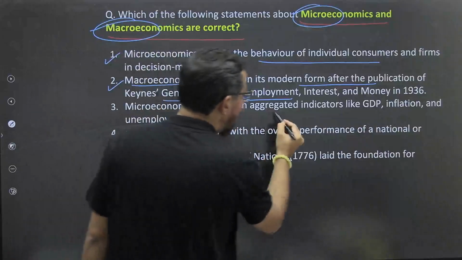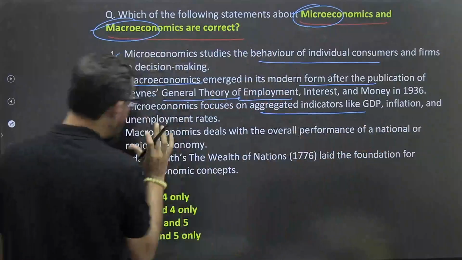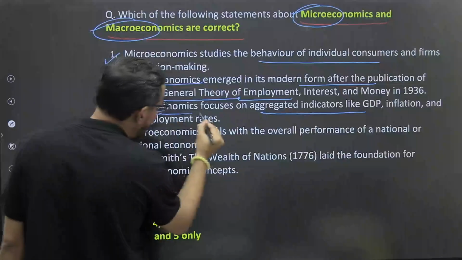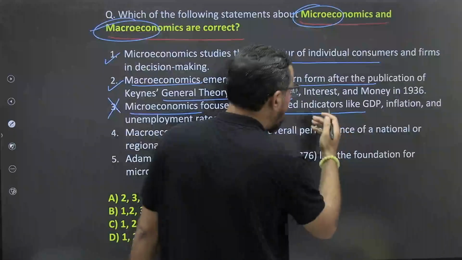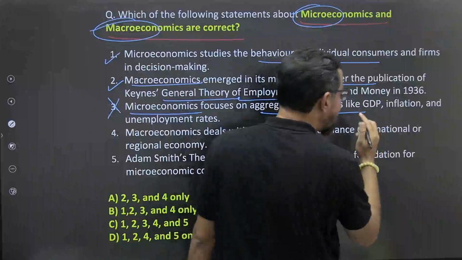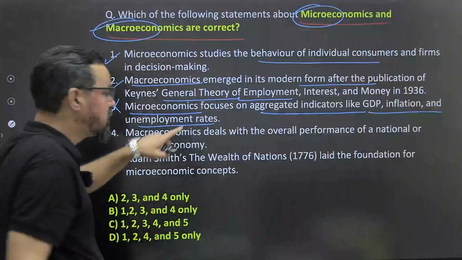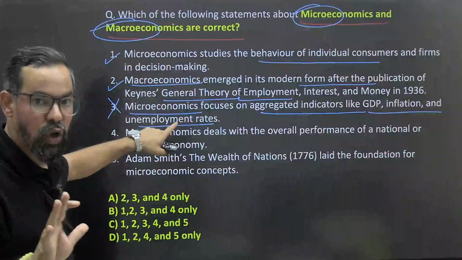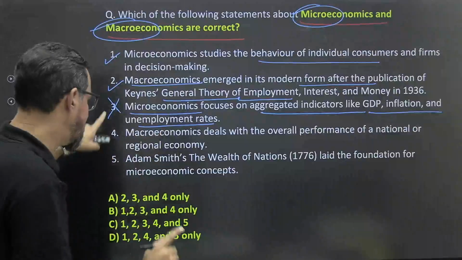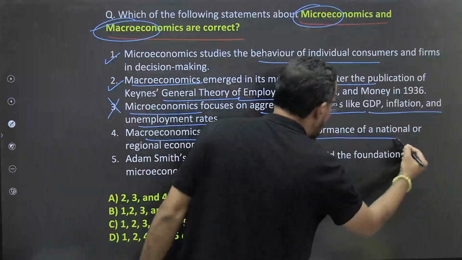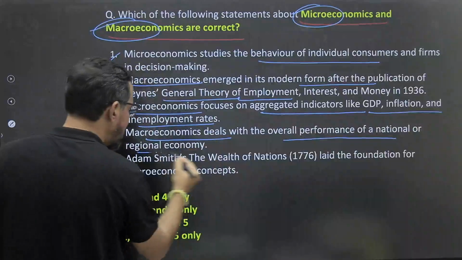Microeconomics focuses on aggregate indicators. So now this statement is wrong. Why is this wrong? It is mentioned that microeconomics focuses on aggregate indicators like GDP, inflation, and unemployment. This is the study area of macroeconomics, not microeconomics. So this is wrong. Macroeconomics deals with the overall performance of a national or regional economy.